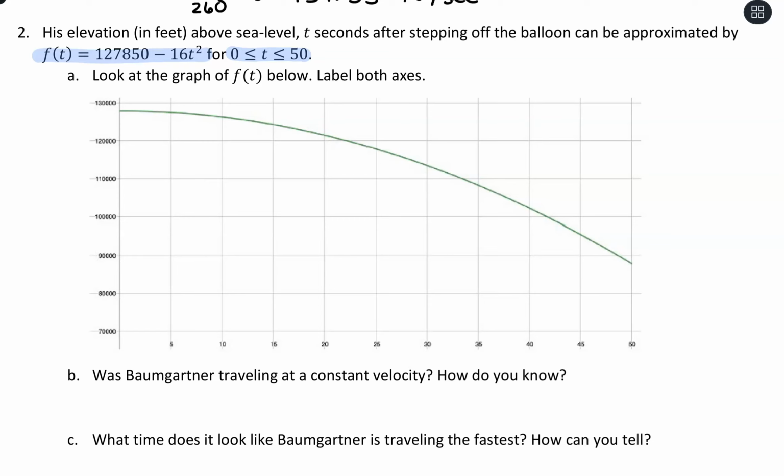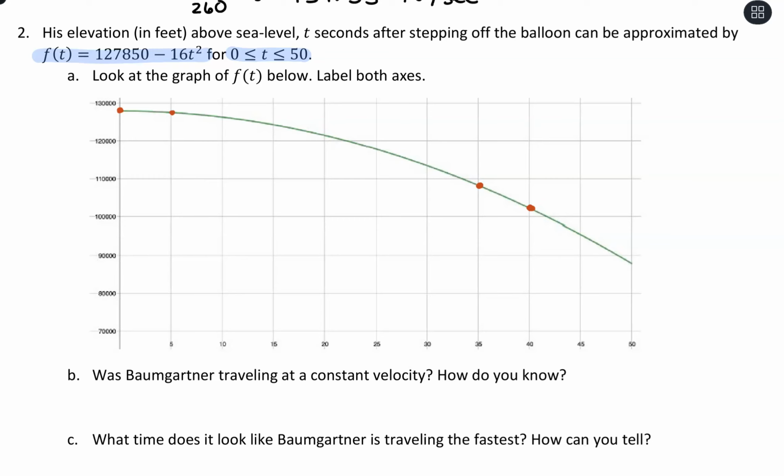How do you know? Well, what we could do is look at what's happening over each increment of 5 seconds. So from here to here, not much distance change. He definitely went downward a little bit, but not much. But if we go out here, let's say looking between 35 and 40 seconds, he covered a lot more vertical distance. So that tells me that his velocity is changing.